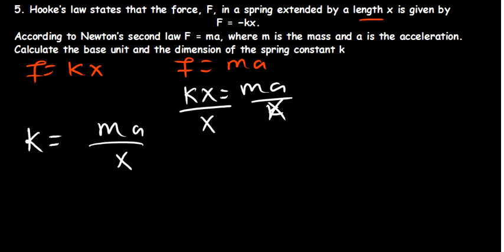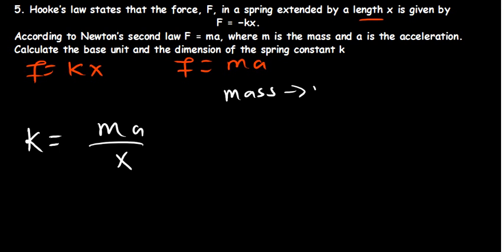Now, for the dimensions, what we normally do here is this. When we're talking about the mass, the mass is in kgs, but when we're talking about the dimensions, we use the symbol capital M in square brackets. Acceleration is meters per second.